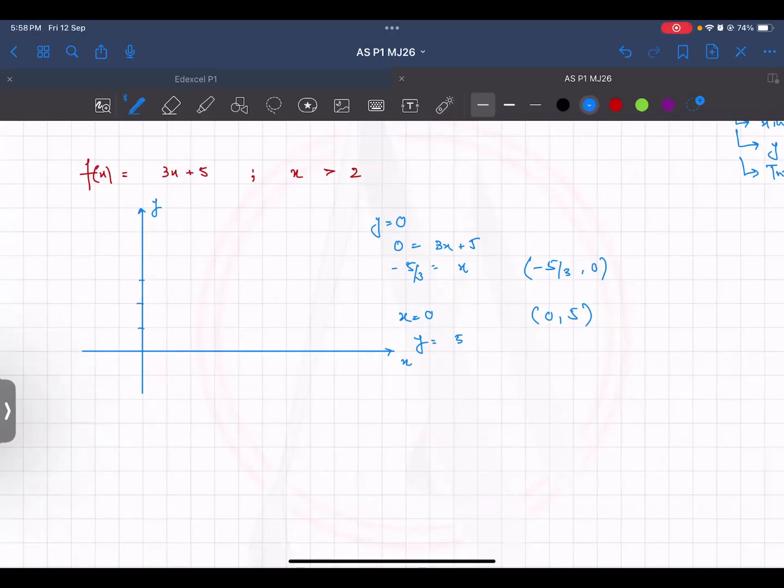Okay, so now if you plot this, x is 0 and y is 5. 1 2 3 4 5, or let's go with 5 10 15, this thing. And the x-intercept is negative 5/3, which is negative 1.6666 something. Let's suppose this is minus 1, minus 2, and this would be slightly ahead, negative 1.66.